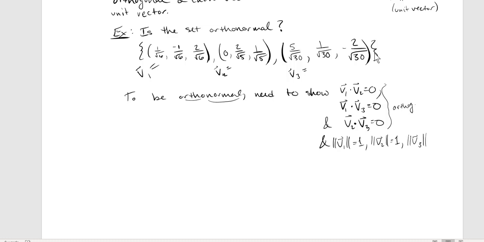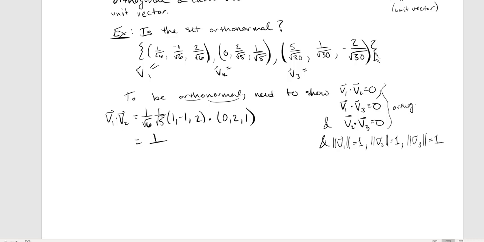So these are the things we need to test. Are they all unit vectors? Are they all mutually orthogonal? So let's start testing this out. V1 dotted with V2. I'm going to pull that 1 over root 6 scalar out. And in the V2 vector, I'm going to pull out the 1 over root 5 scalar. Make this a little easier to actually compute.